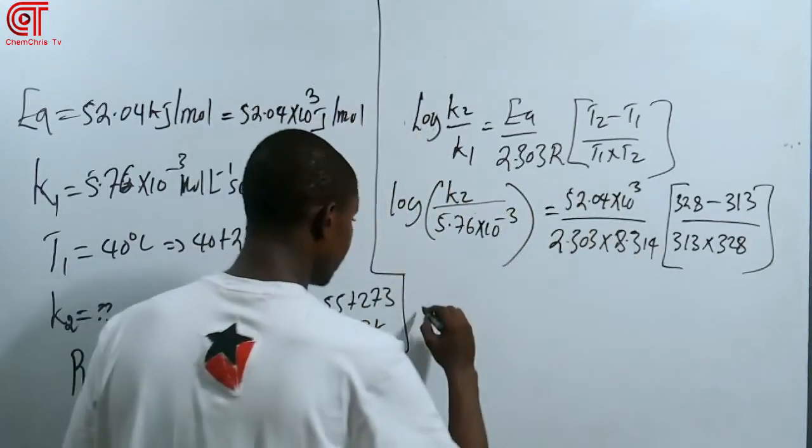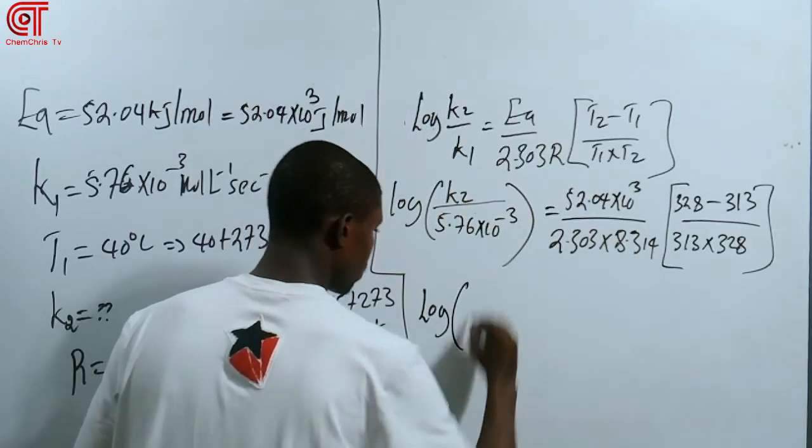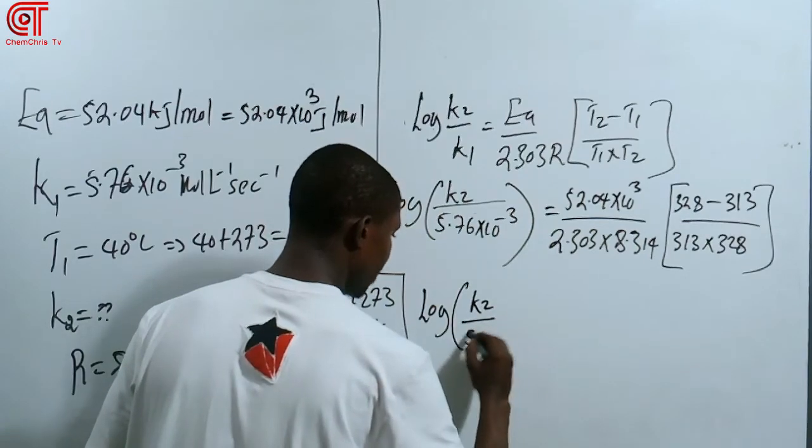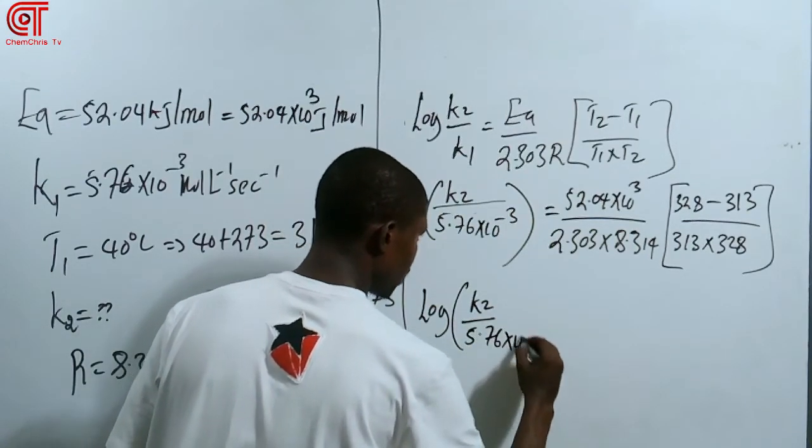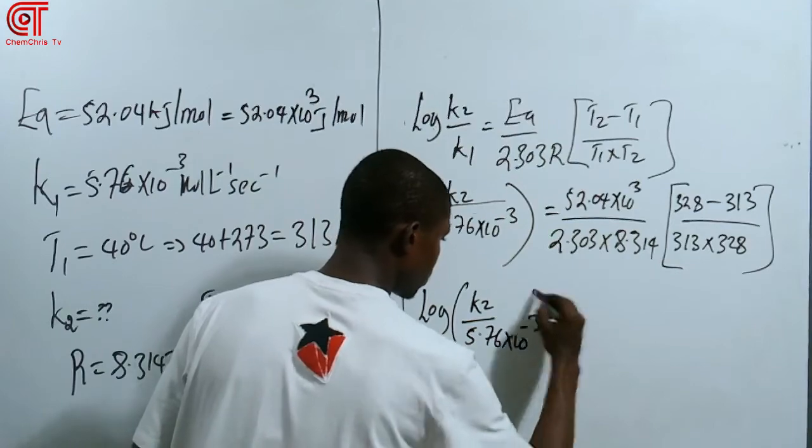So we have log K2 over 5.76 times 10 to the power of minus 3.